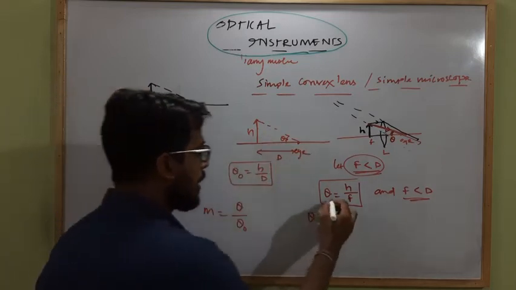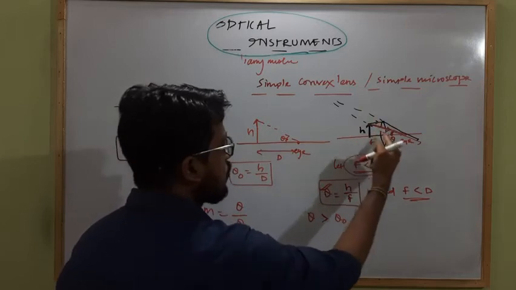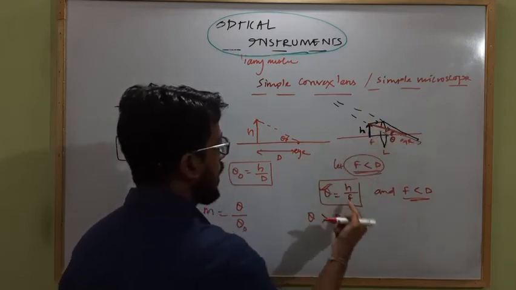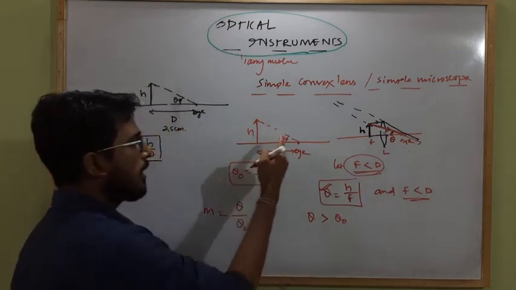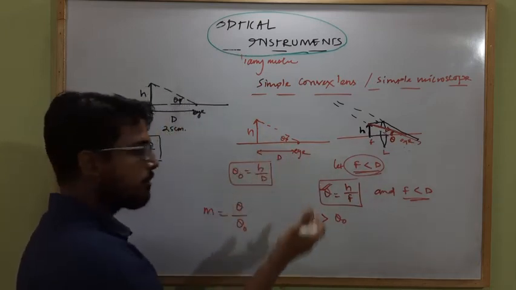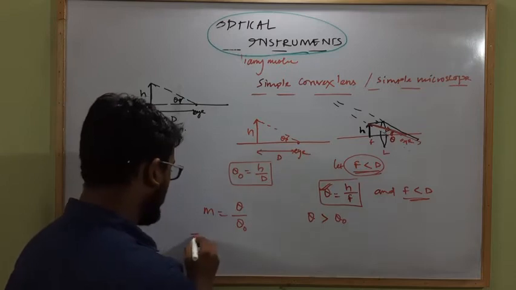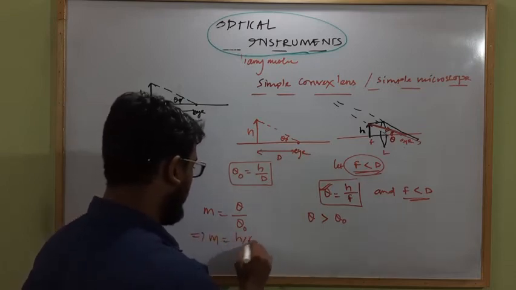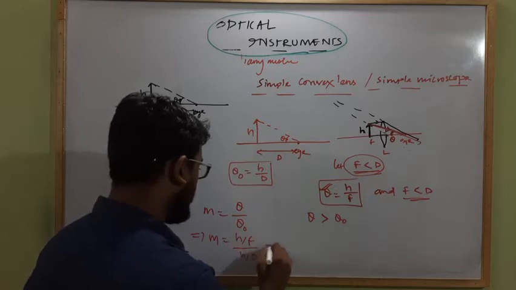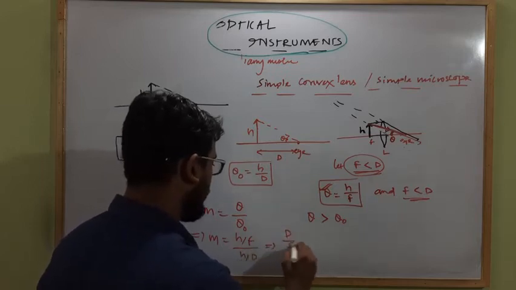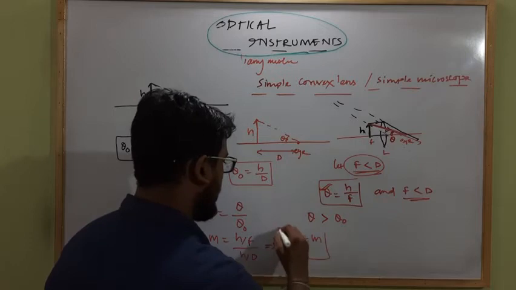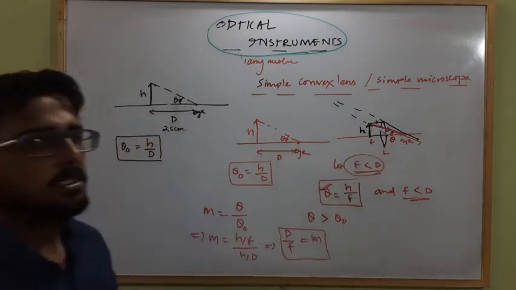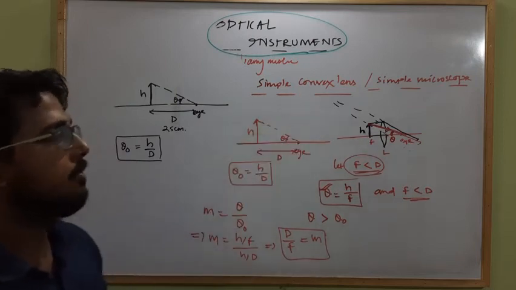So this is the angle made by the instrument, and this is the angle made by the naked eye. So the magnification will be theta by theta naught. This implies the magnification is equal to h by f divided by h by d. So you get d by f, which is the magnification of the simple microscope or simple convex lens.